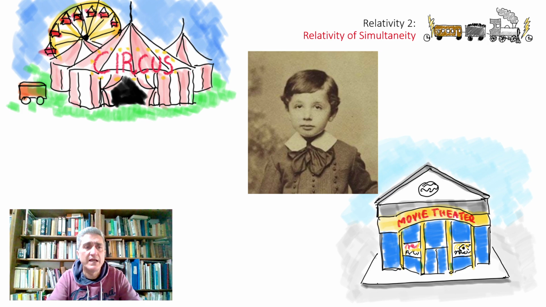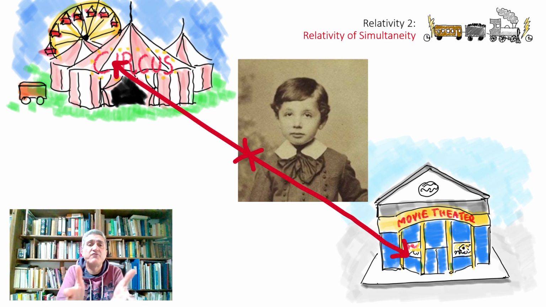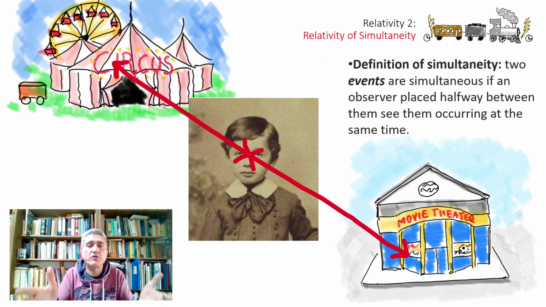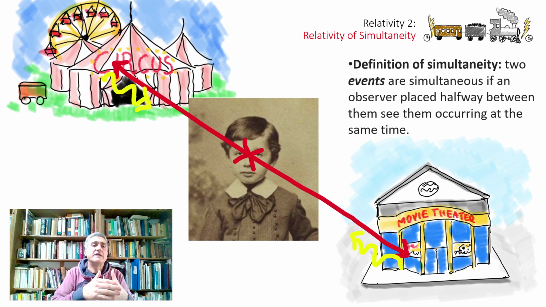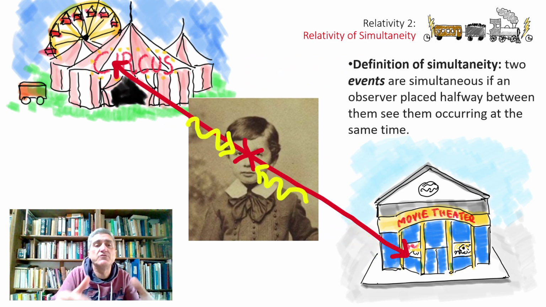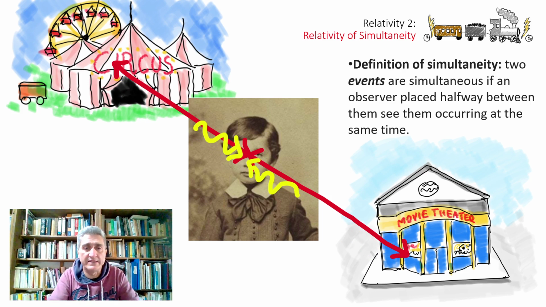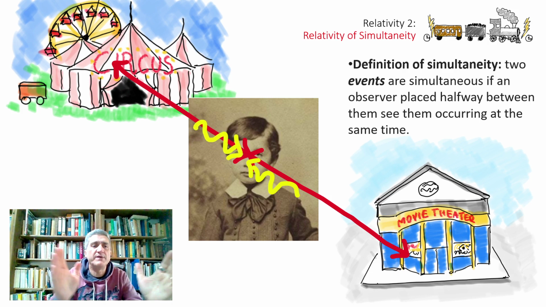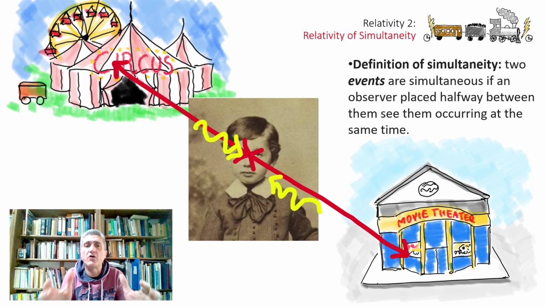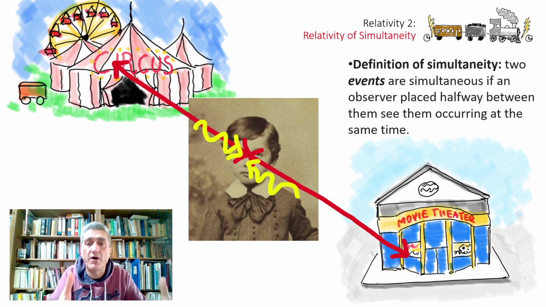Two events are simultaneous if an observer placed halfway between them sees them occurring at the same time. That is, they are simultaneous if I see the first event, observing it from halfway between the two points, and I see the second event, observing it from the same point.